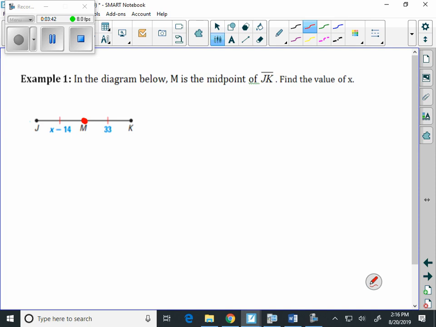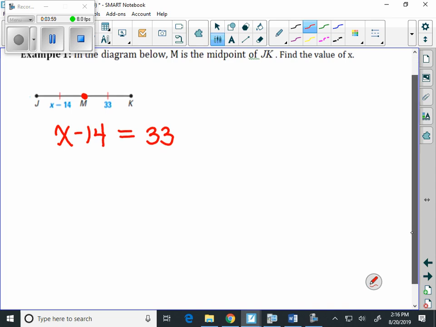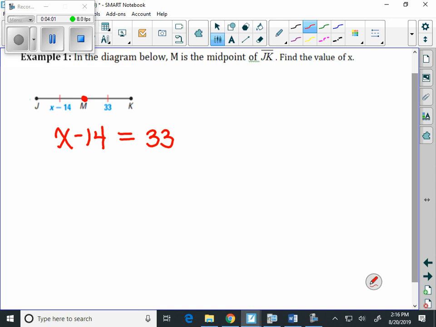And if we want to figure out the value of X, that means that X minus 14, that length, is equal to the length of 33, because that point M is right in the middle. And then we solve our equation by adding 14 to both sides. And we get X equals 47. 33 plus 14.